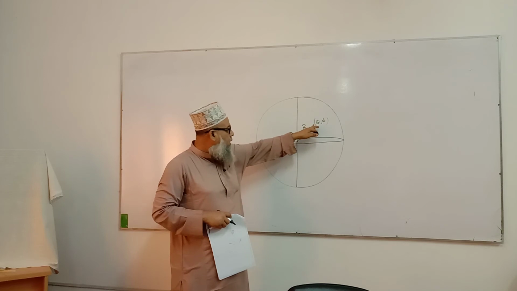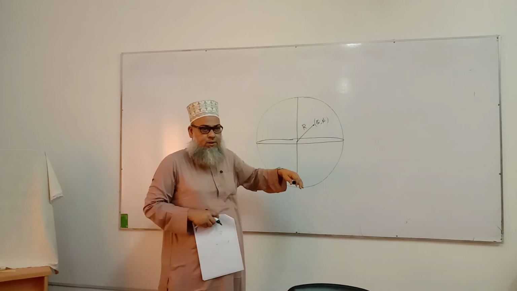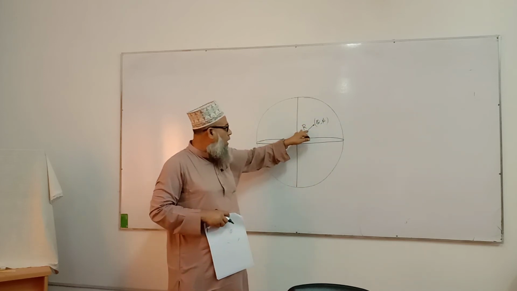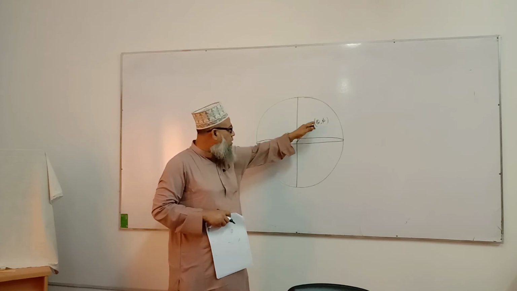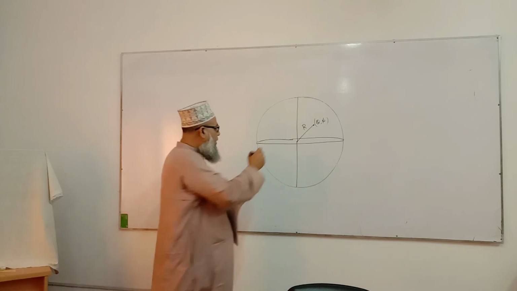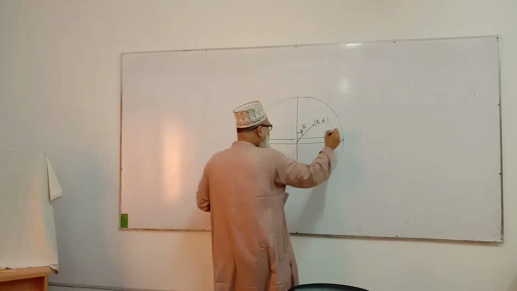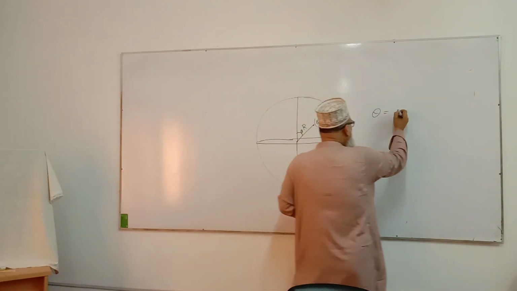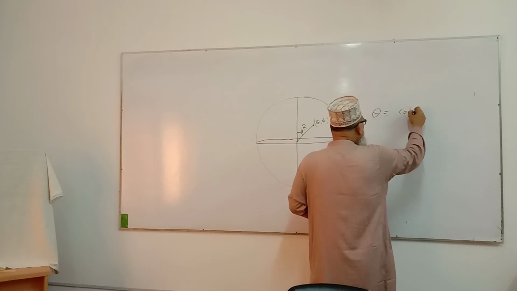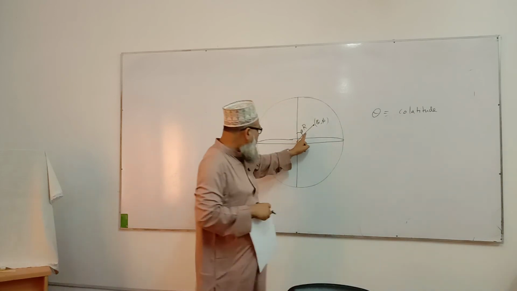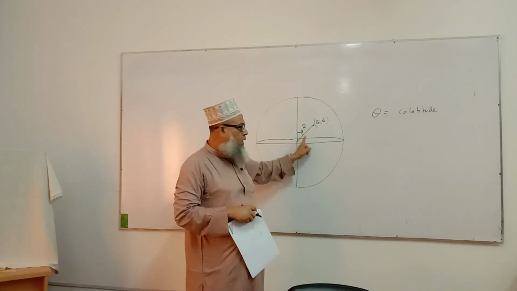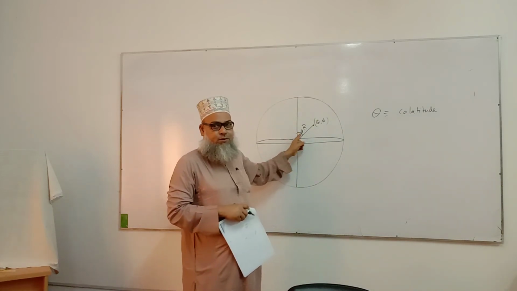No. This point is on the surface, and the radius of the sphere is capital R. This angle is theta. Theta is called co-latitude. Actually, latitude is called the other angle, so this angle is called co-latitude.